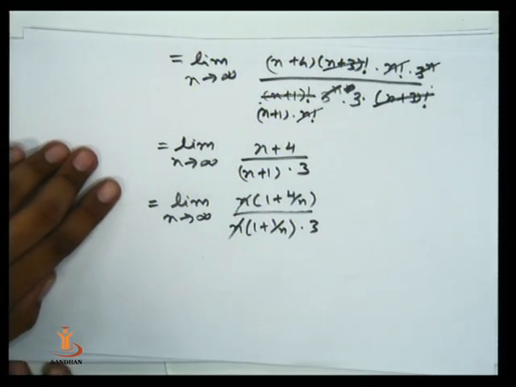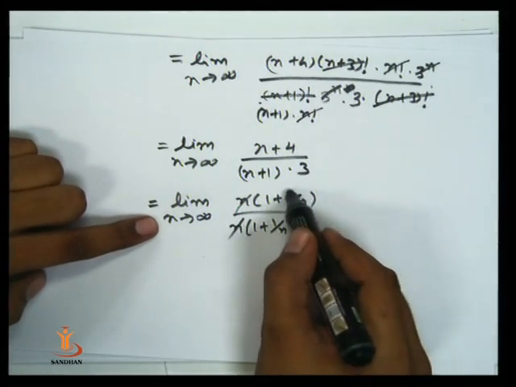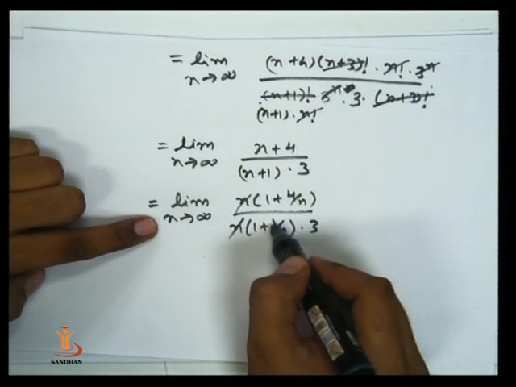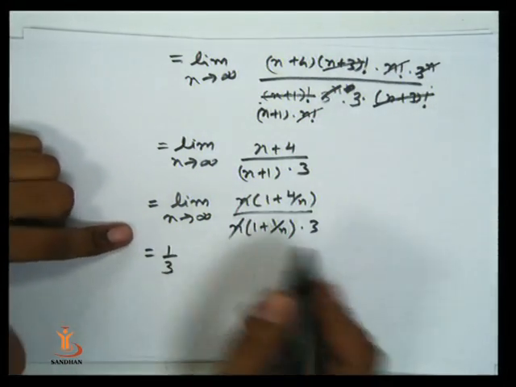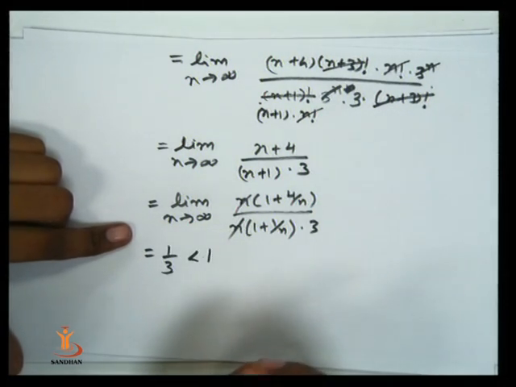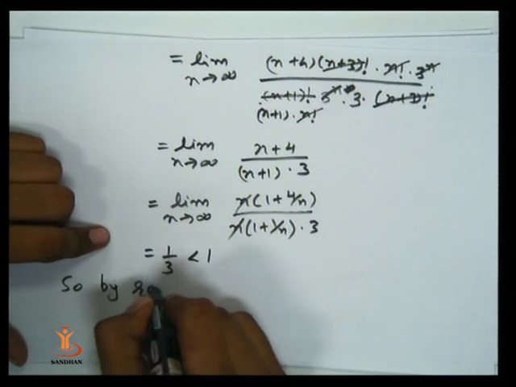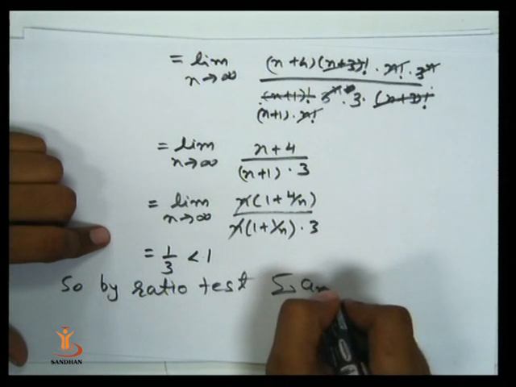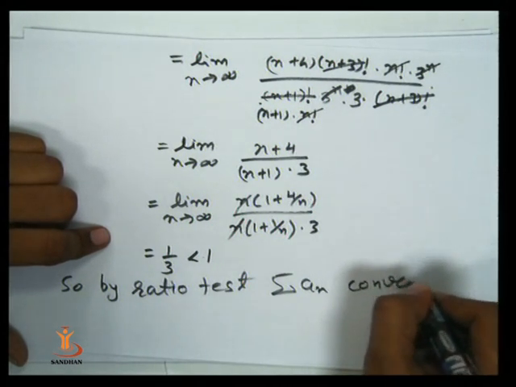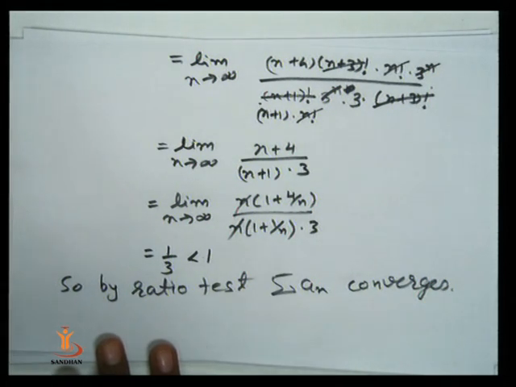This n will be cancelled out. Now as n tends to infinity, 4 upon n goes to 0, 1 by n again goes to 0. Ultimately this limit is nothing but 1 by 3, and this value is less than 1, right? So by the ratio test, summation a_n converges because we get that limit less than 1. So these are the examples of the ratio test.